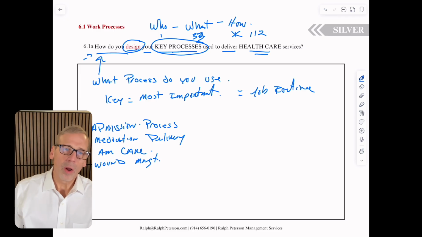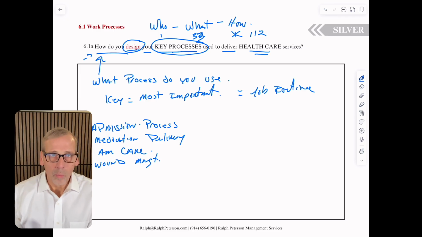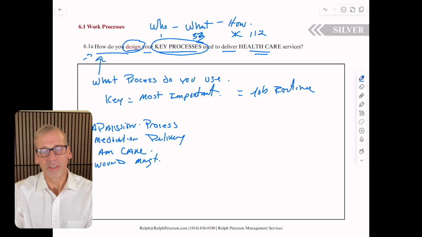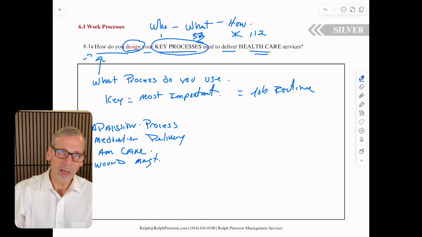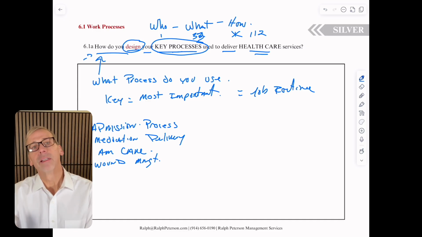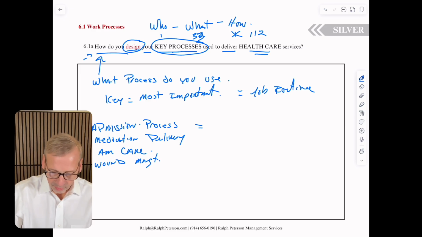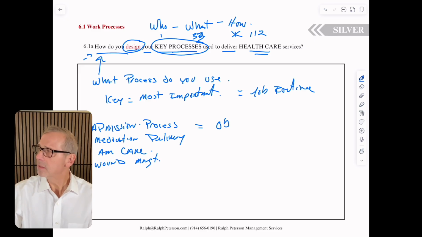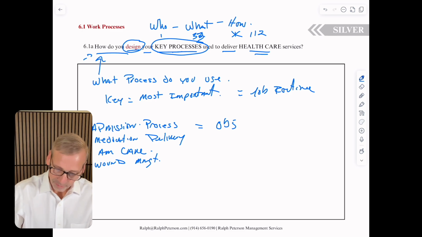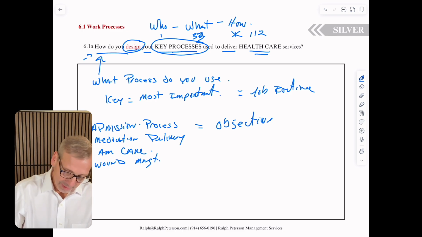And so what are the processes? What I was saying before is that the name of the process is also closely related to the objective.